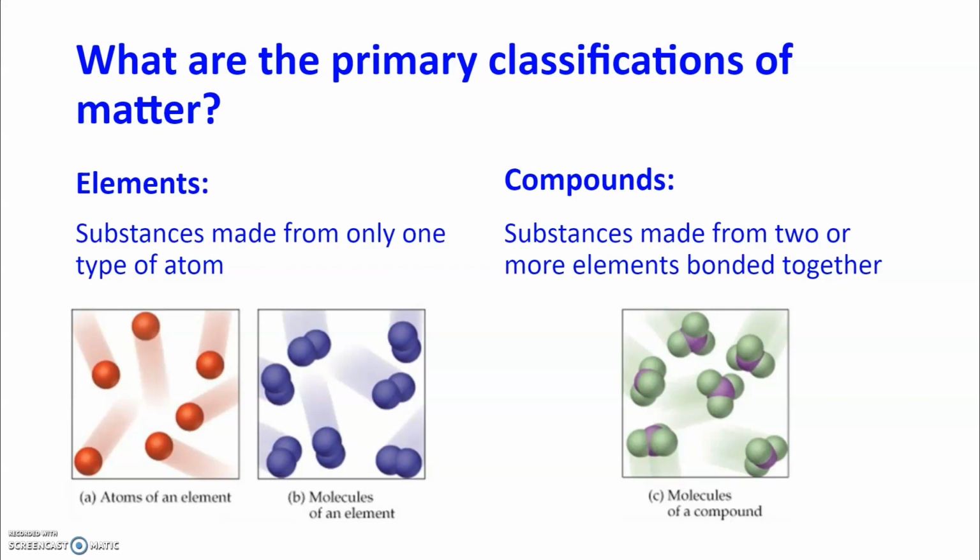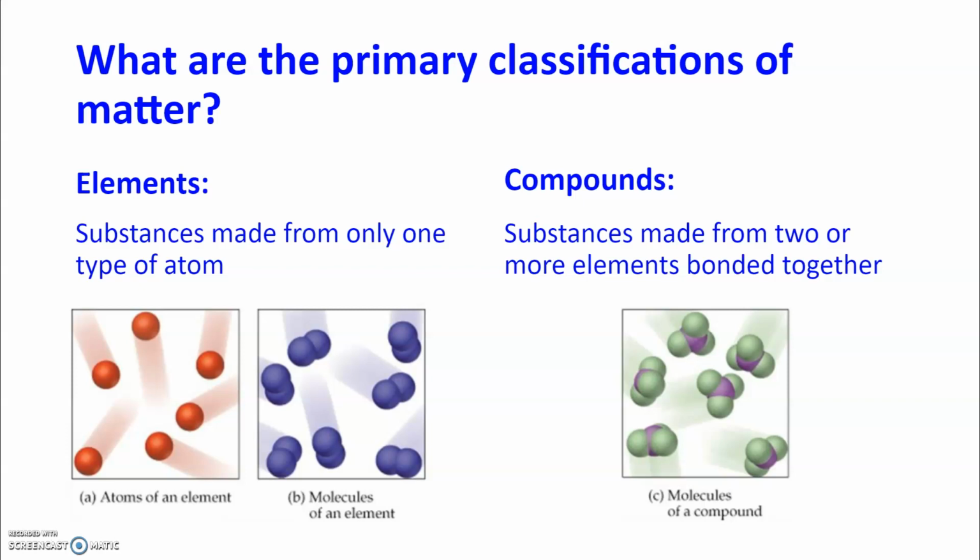Di meaning two, atomic meaning atoms. The common diatomic gases are hydrogen, nitrogen, oxygen, fluorine, chlorine, bromine, and iodine. And so when they occur in nature, they're always in pairs.